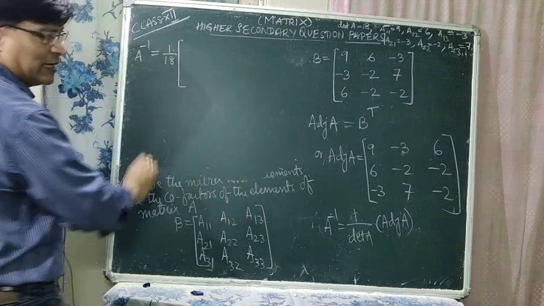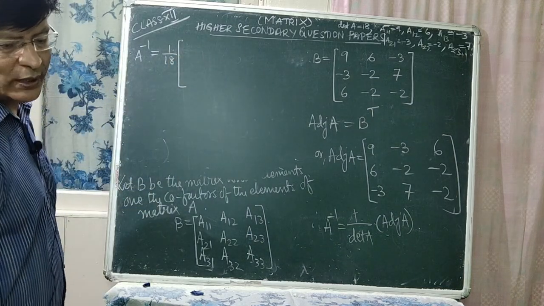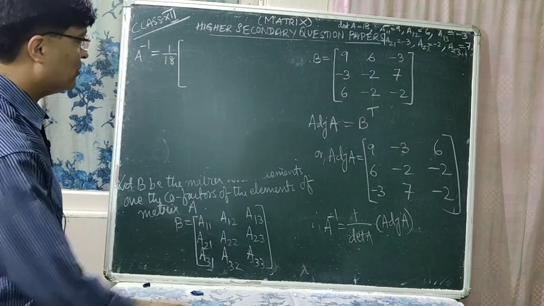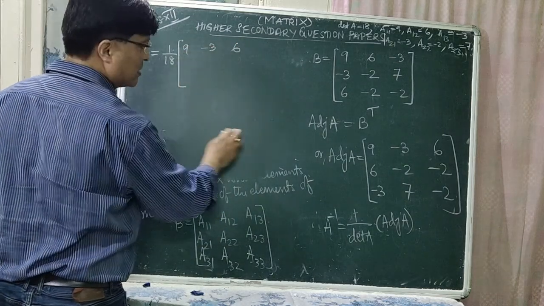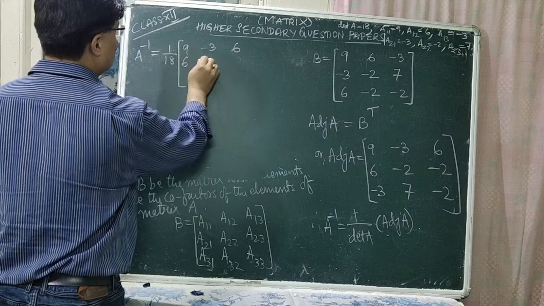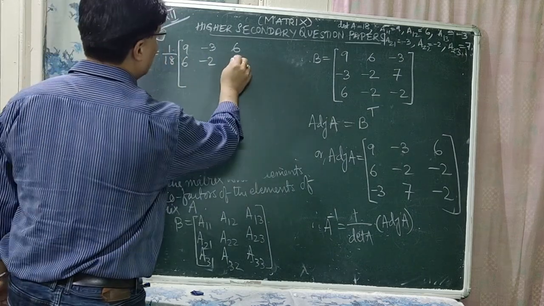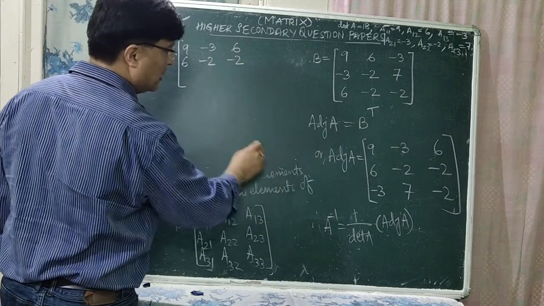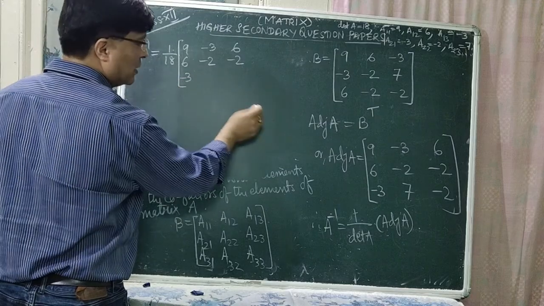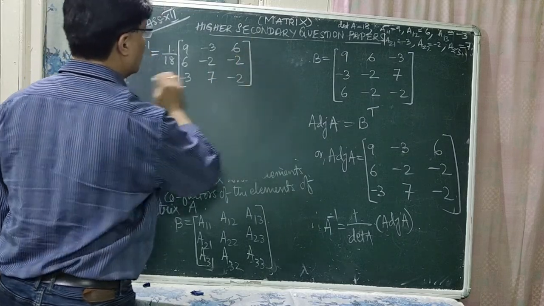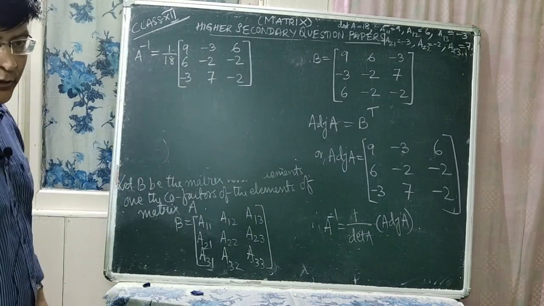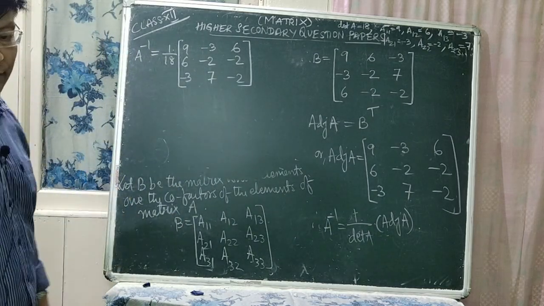And what is ADJ A? You can copy it. 9 minus 3, 6. Then 6 minus 2, minus 2. Then minus 3, then 7, then write down minus 2. Is that clear to all of you? So this is your A inverse.